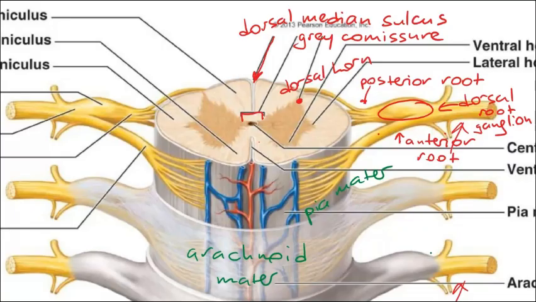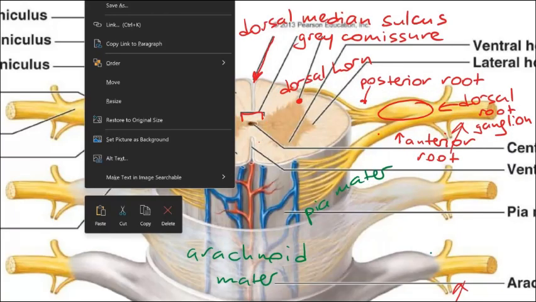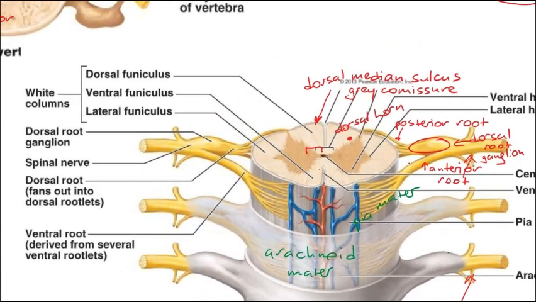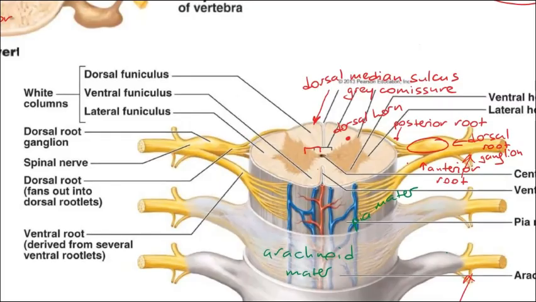Okay? Now, last but not least, to not get you too confused. White matter, can you tell me what it consists of, if it's white? Which parts of neurons form white matter? Myelinated axons. Myelinated axons that transmit the signal, right?